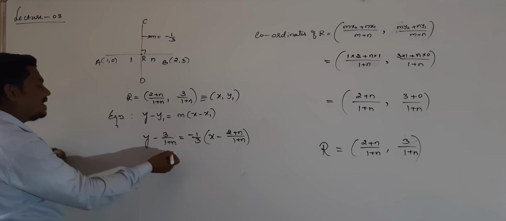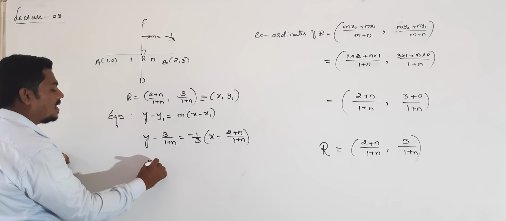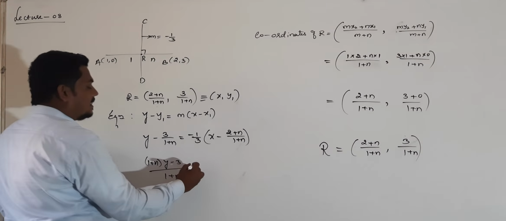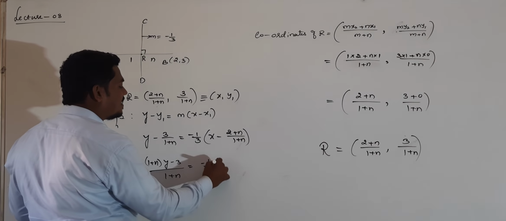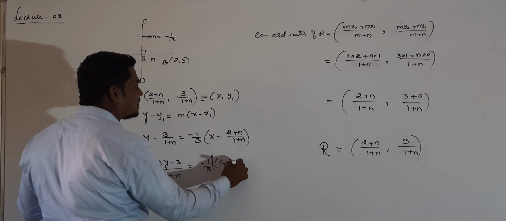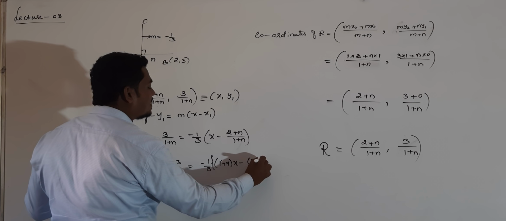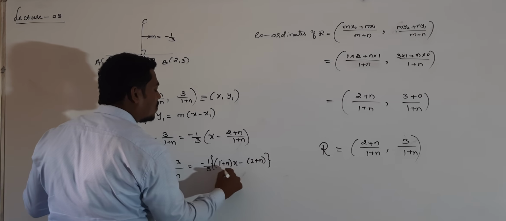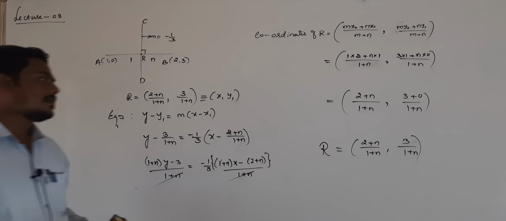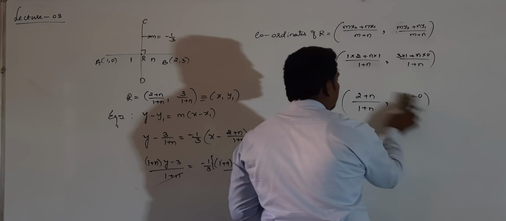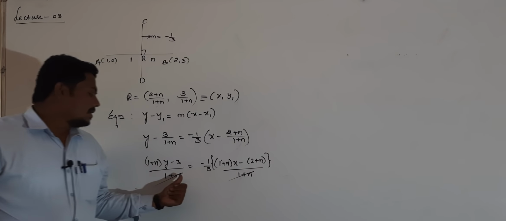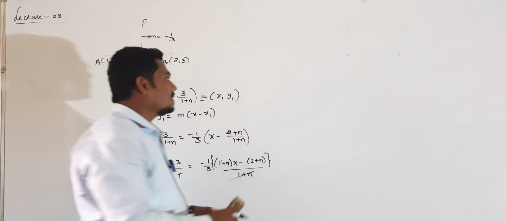After that, taking LCM, then (1 plus n) into y minus 3, whole thing divided by (1 plus n), that's equal to minus 1 by 3 into (x minus (2 plus n)), whole thing divided by (1 plus n). Both the sides 1 plus n will get cancelled. After that, rearrangement, cross multiplication.